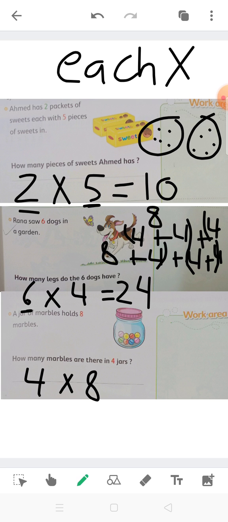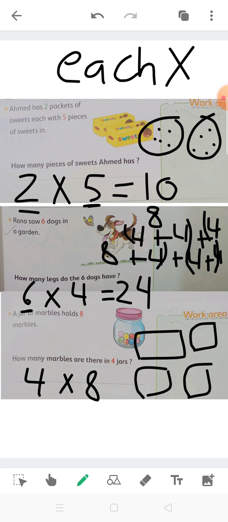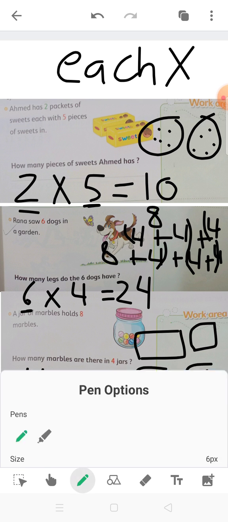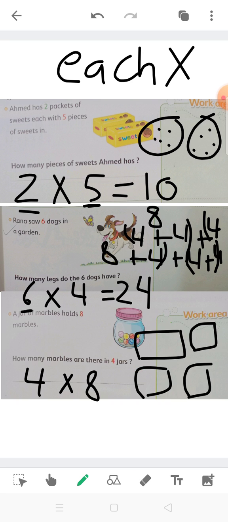Okay, this is 1 jar, second jar, third, fourth. Okay, each one will hold 8. This is 1, 2, 3, 4, 5, 6, 7, 8.